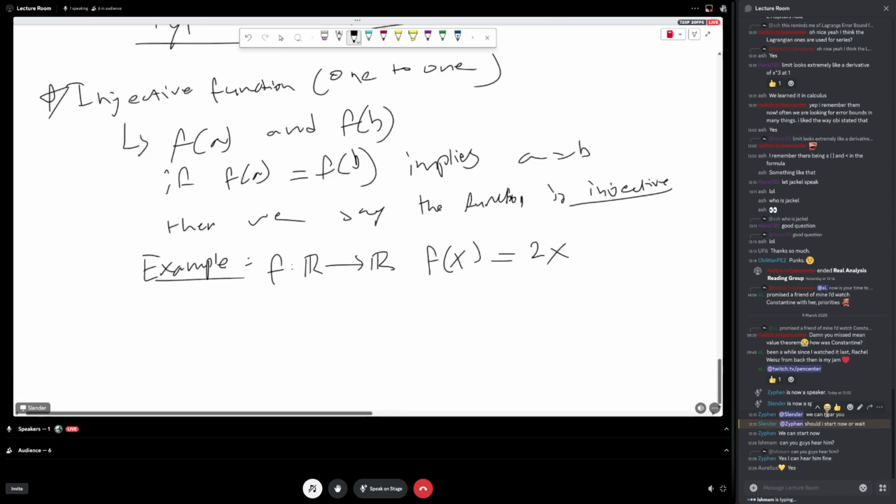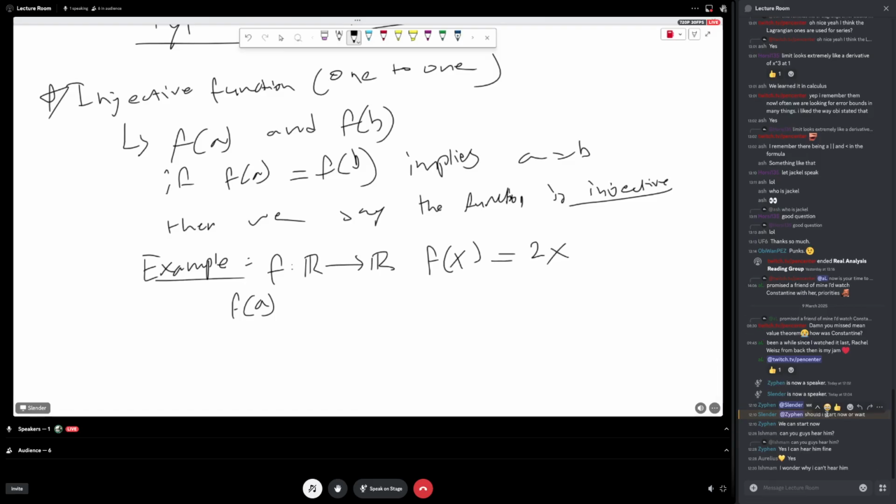Very simple example. Consider f of a and f of b.